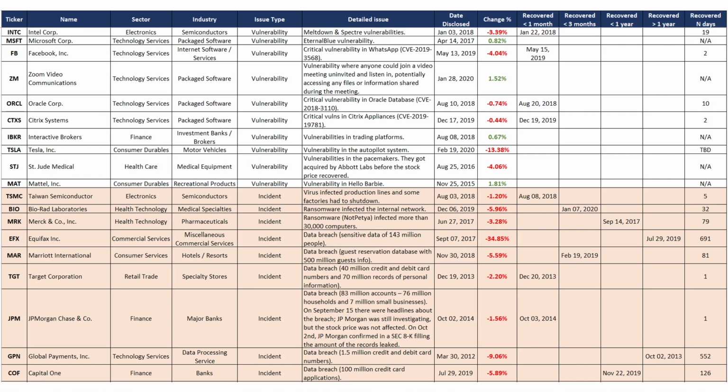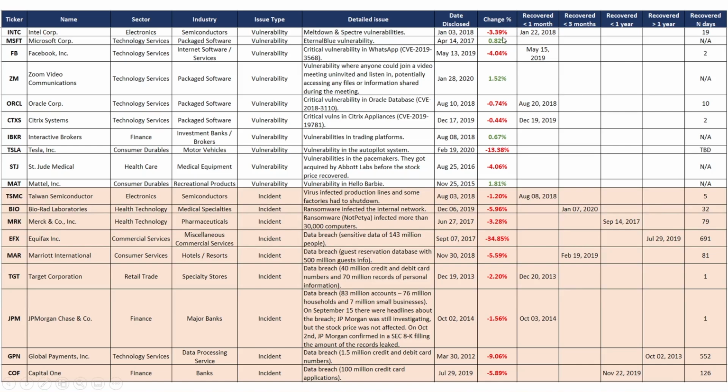The white cells are vulnerabilities, the others incidents. We have the company names, the sectors, industry, the details, the date, and in the last column the number of days they took to recover, which is how many days passed until the price went back to what it was prior to the vulnerability or the incident being reported, right?